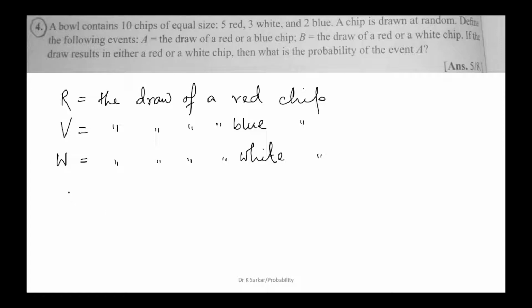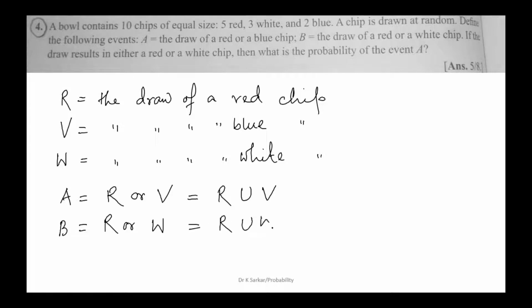Now it is given in the question that A equals the draw of a red or a blue chip, R or V, which equals R union V. And B is given as the draw of a red or a white chip, so R or W, which is R union W. Now the question is, you have to find the probability of the event A when B occurred, when the draw results in either a red or a white chip.